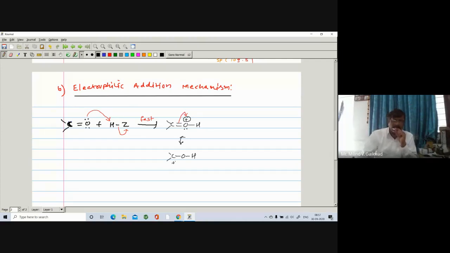So you can write it in brackets, that is the transition state. So this is the transition state.